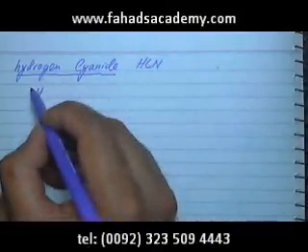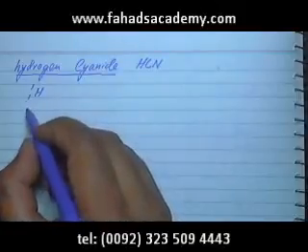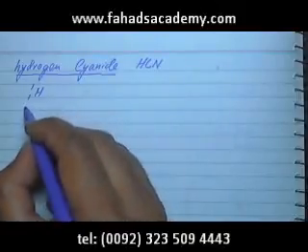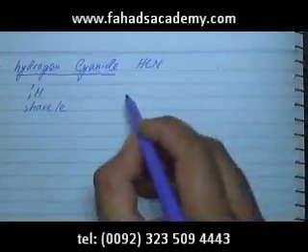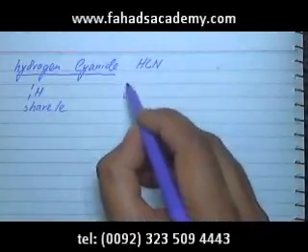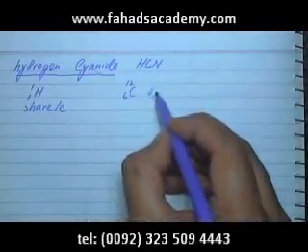Hydrogen has an electronic configuration. It only has 1 electron in its outer shell. It needs 1 electron to complete its outer shell, so it's going to share 1 electron. On the other hand, carbon, it's 6 and 12. Carbon has an electronic configuration of 2 and 4.